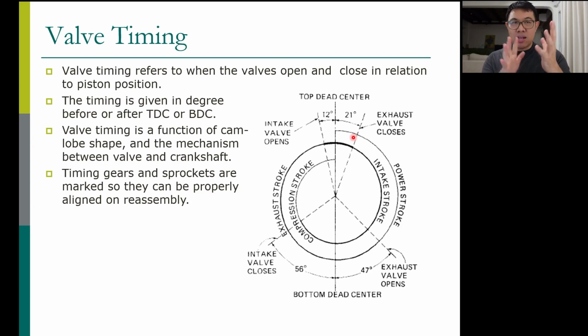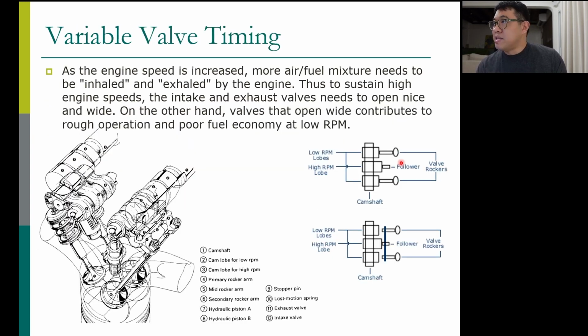We need that so that we can remove as much exhaust as we can and intake as much air as we can. To control this depends on your cam lobe and the valve train design.